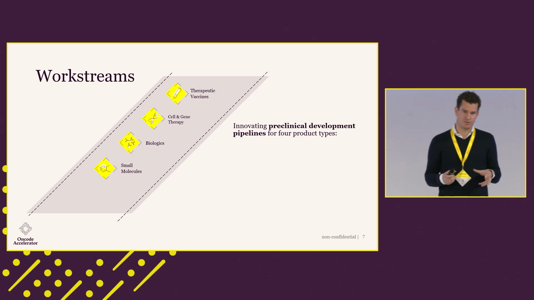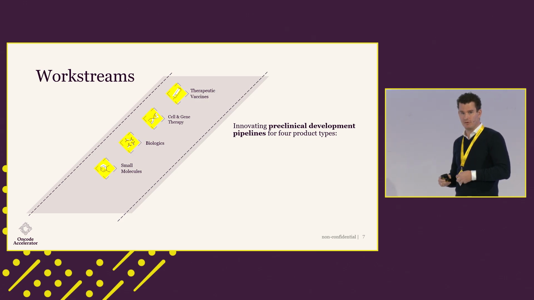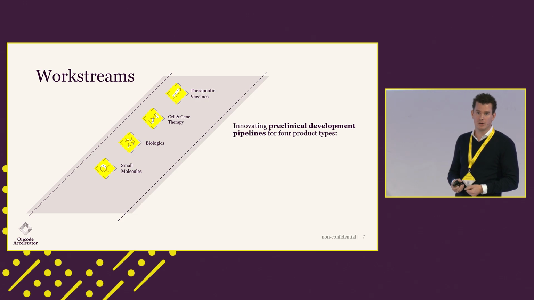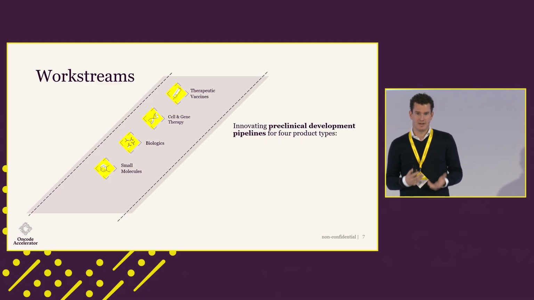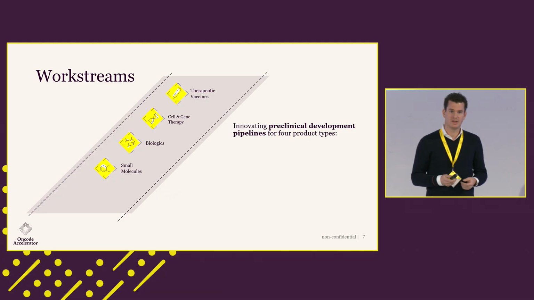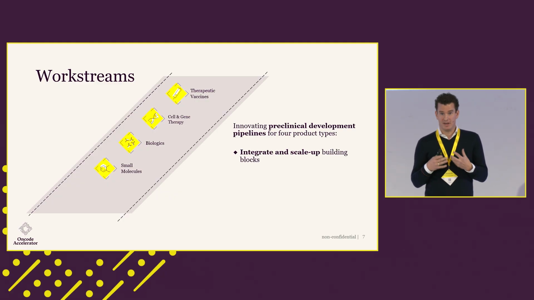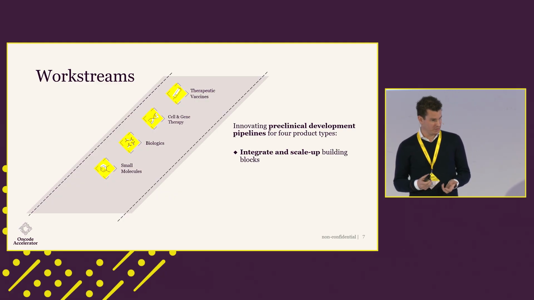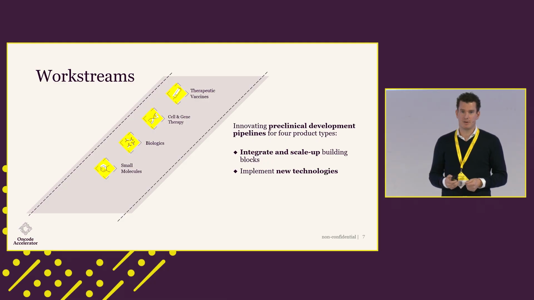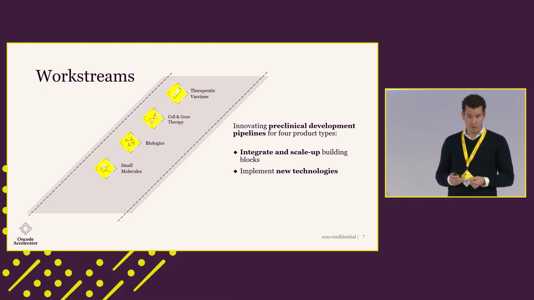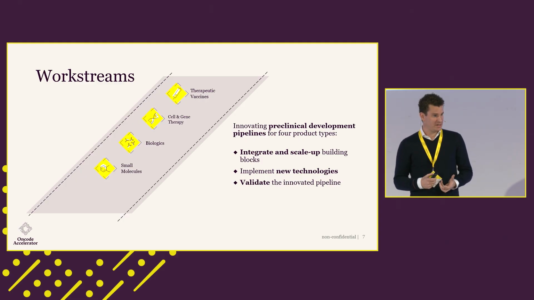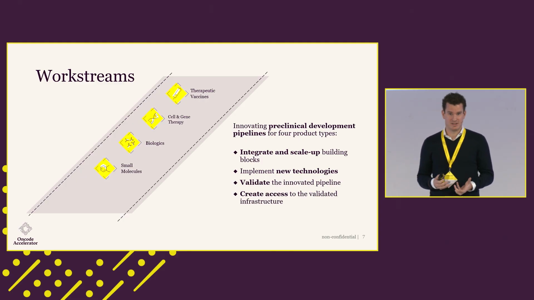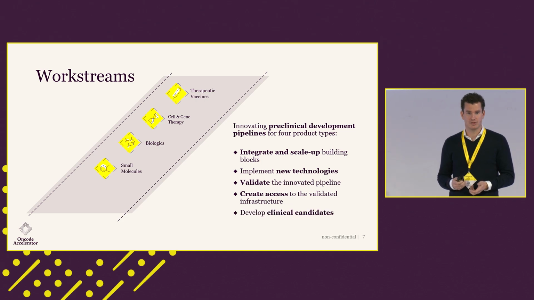So zooming into the work streams a bit. We have work streams for 4 different product types, as I mentioned before, and we're innovating preclinical development pipelines for those 4 product types. We do that by integrating and scaling up the building blocks of the development pipeline. We implement new technologies together with our partners. We validate the innovative pipeline, and we create access to the validated infrastructure eventually.